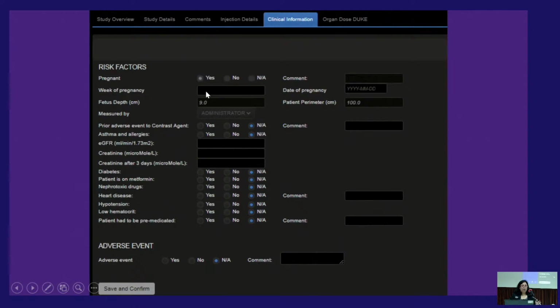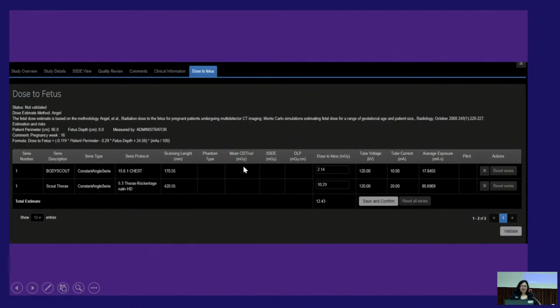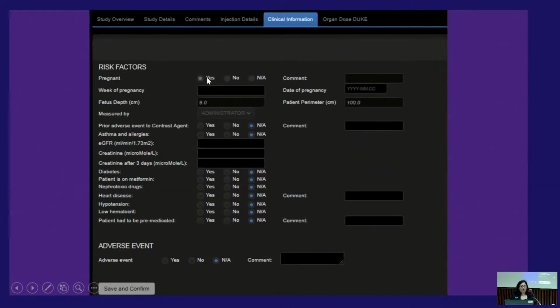And once you do that, you say yes, you go to the next screen, it actually calculates the dose to the fetus. And that's, again, something similar to what Radometrics does as well. So here, for this case, the patient fetal dose was 12.43. But this screen will not show up unless I go and actually put yes for that case in Dosewatch.